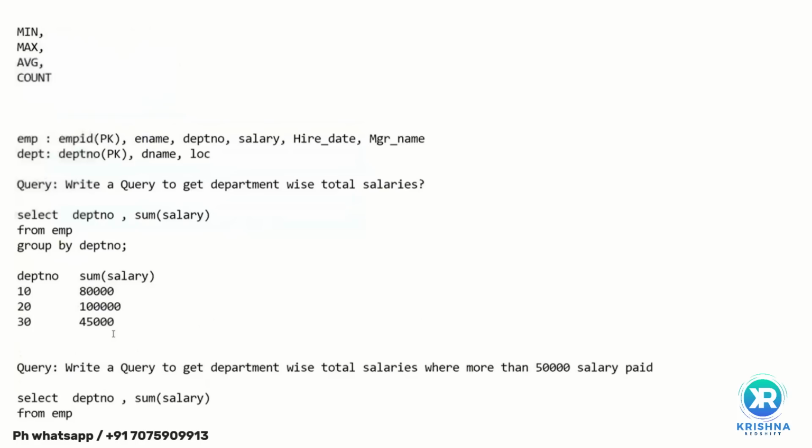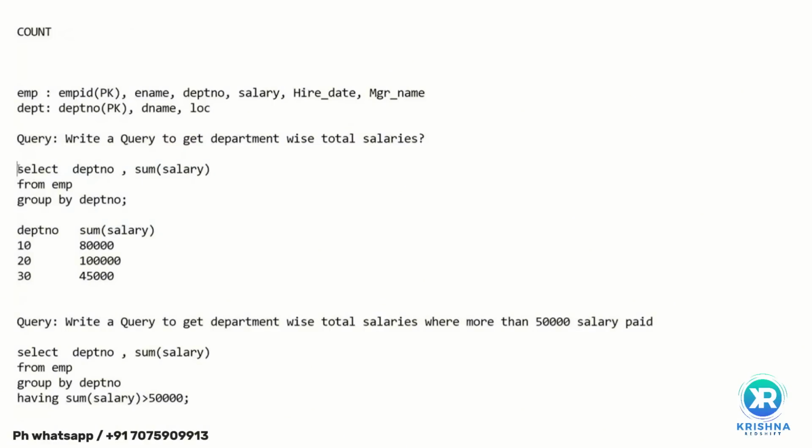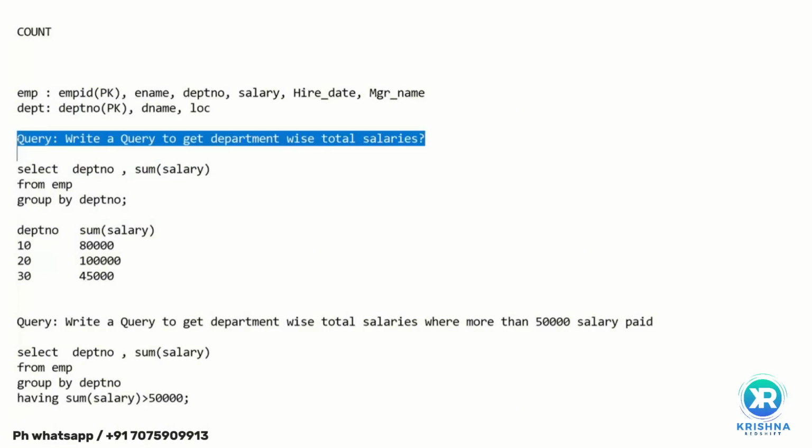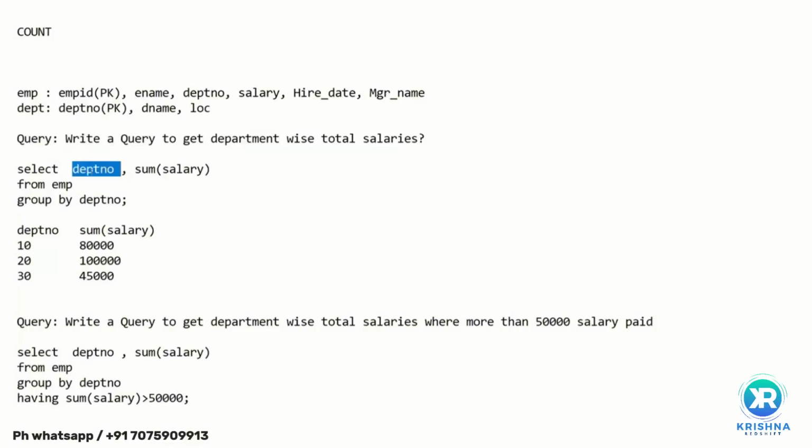For example, yesterday I told you this query: write a query to get department wise total salaries. You have department number, and you want total salary, so you need sum of salary from the employee table. Why the employee table? Because both the columns are available in the employee table itself.